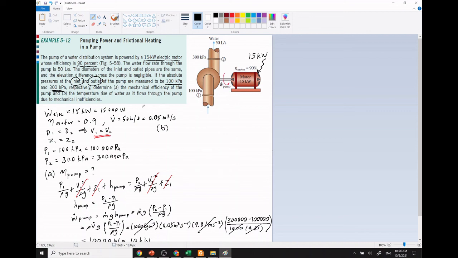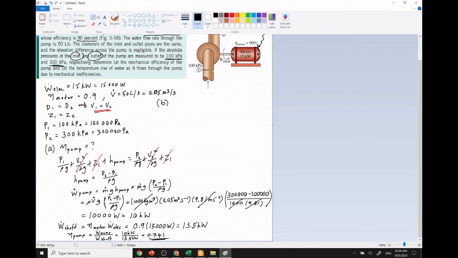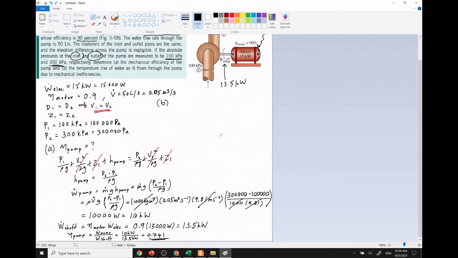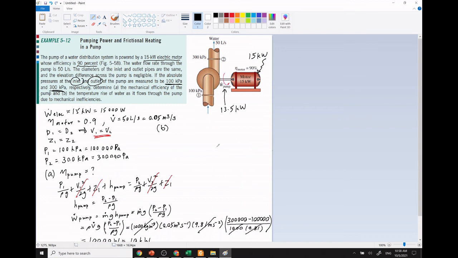So you can see that initially we have 15 kilowatt electricity given to the motor. When the motor passes it to the pump, we only have 13.5 because of 90% efficiency. Then from 13.5, the water after passing through the pump only takes up 10 kilowatt.